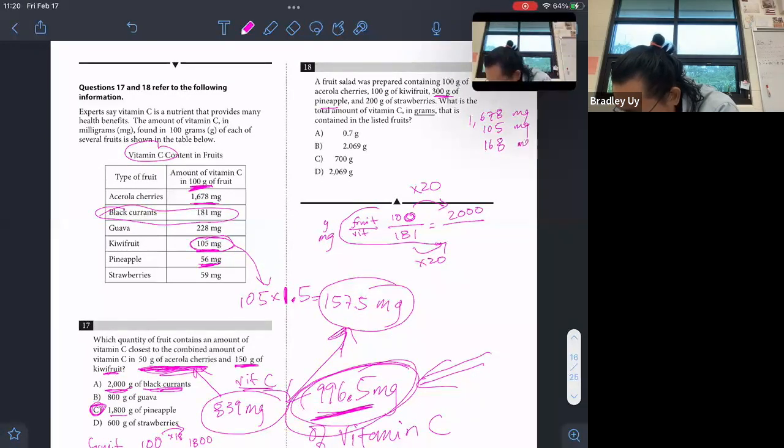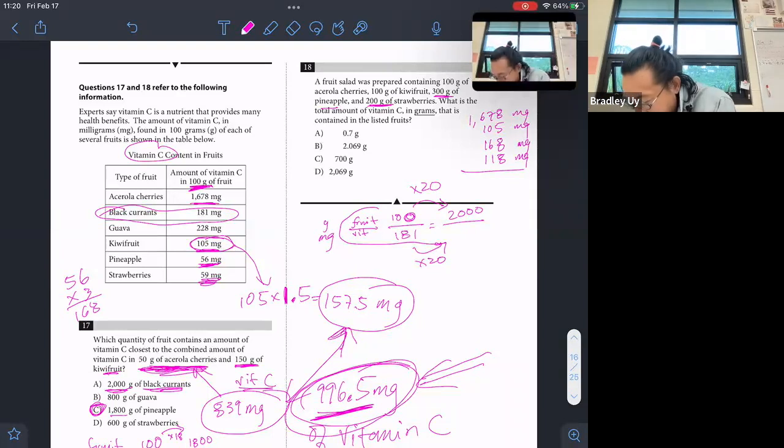All of these milligrams. Pineapples, 56 times 3. Yep, 168. And 200 grams of strawberries. So I'm going to double that, which is 118 milligrams.